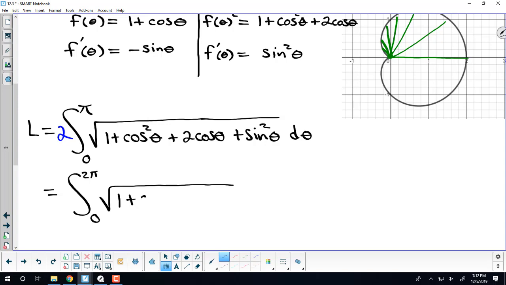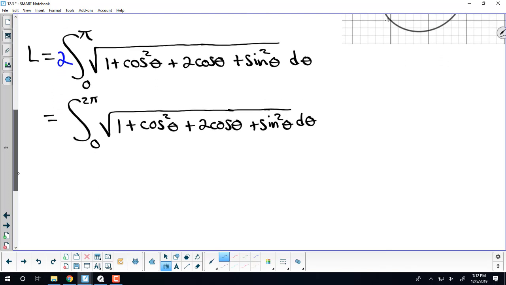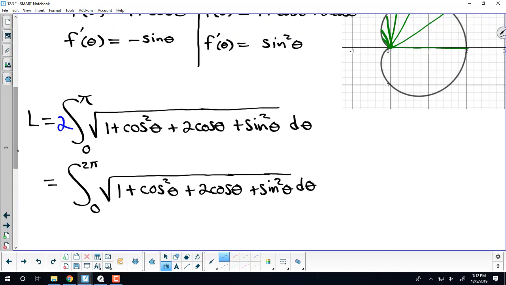And as we'll see, the way this particular integrand simplifies, it's not that we couldn't do it, it would just be a little bit more difficult. All right, is everyone all right with the setup? Any questions on that?